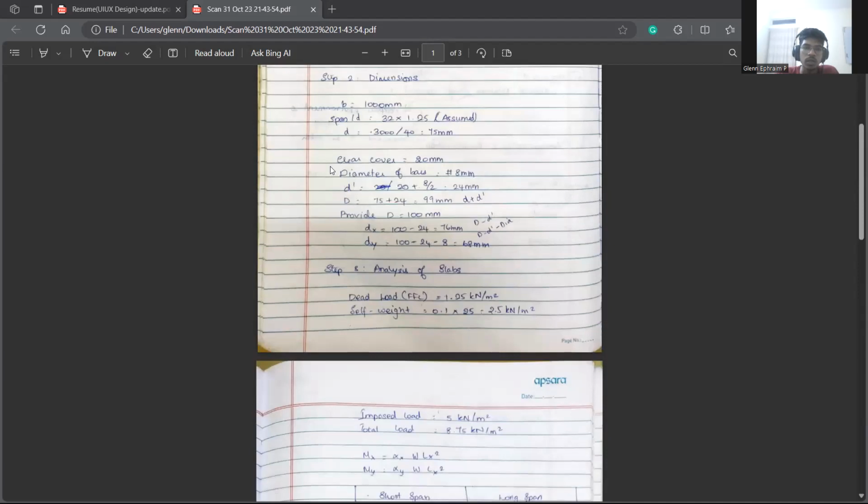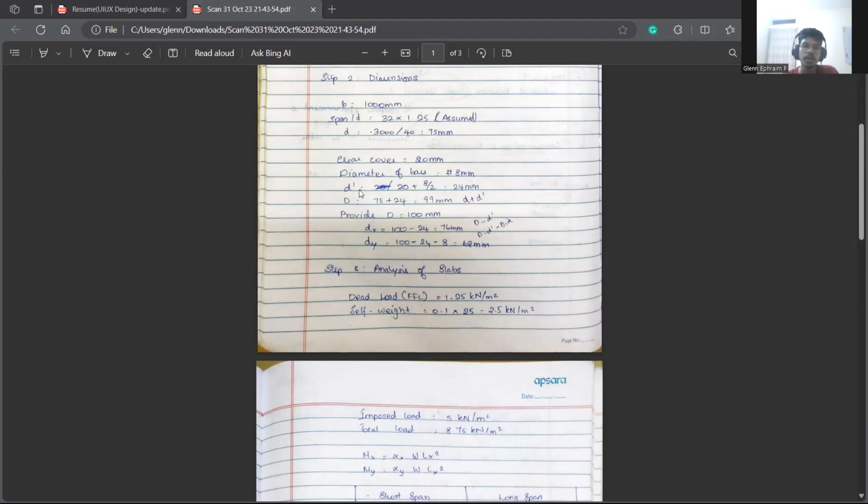Now, clear cover we always take to be 20 millimeter, and the diameter of the bars we take to be 8 mm. Using this clear cover and the center of the bar, we find the value of d dash. d dash is equal to clear cover plus the diameter of the bar divided by 2, so we get 24 millimeter.